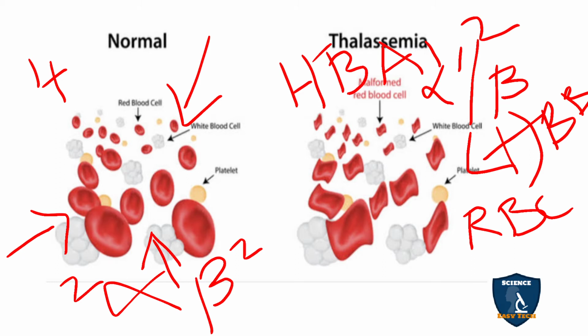So this is the condition seen in thalassemia. Due to this the anemia will be seen. That is, in alpha thalassemia the beta globin won't be produced, and it is also known as Cooley's anemia.